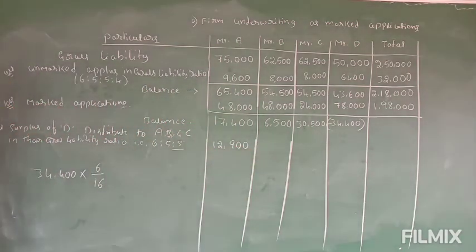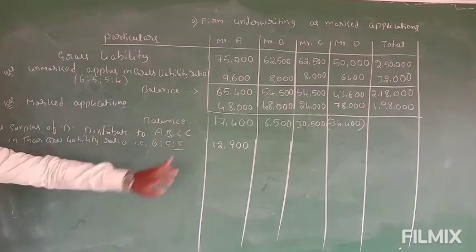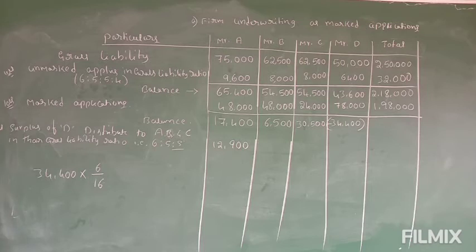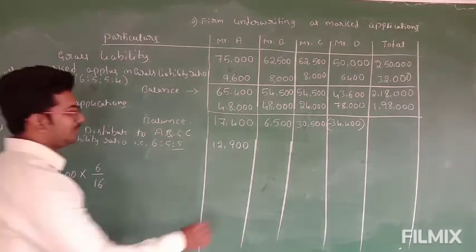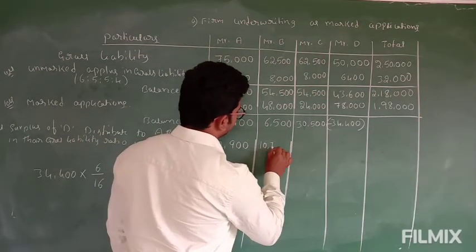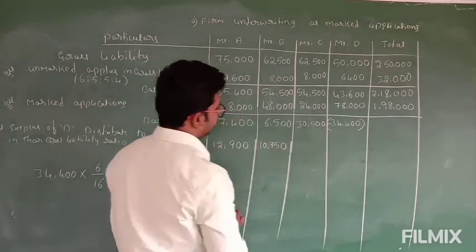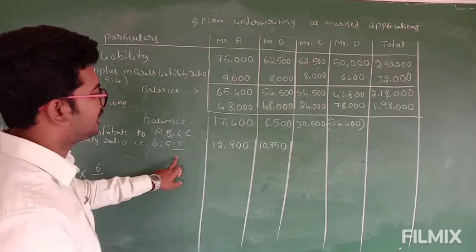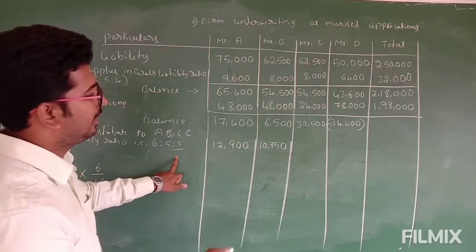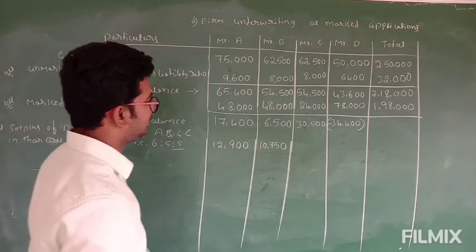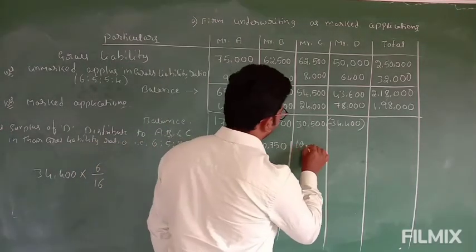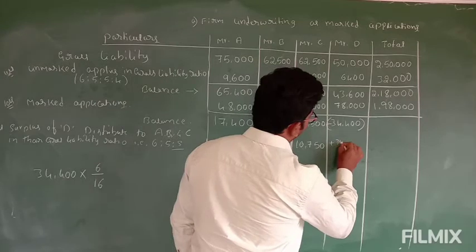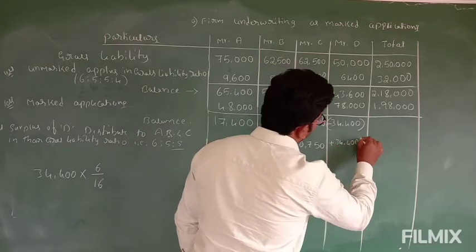Similarly for B, 34,400 into 5/16 will get 10,750. Again for C, same ratio, 34,400 into 5/16 will get 10,750. So here we will get plus 34,400 because we distributed this.